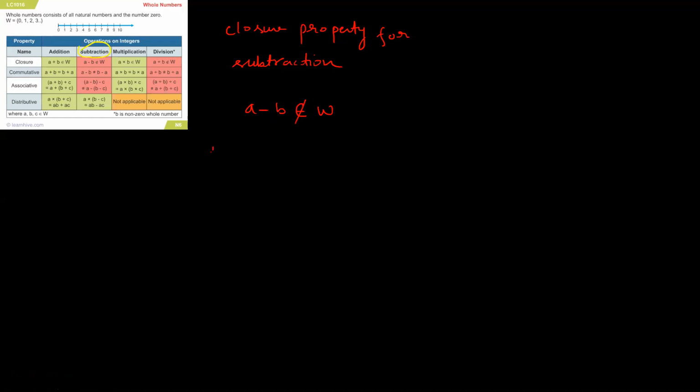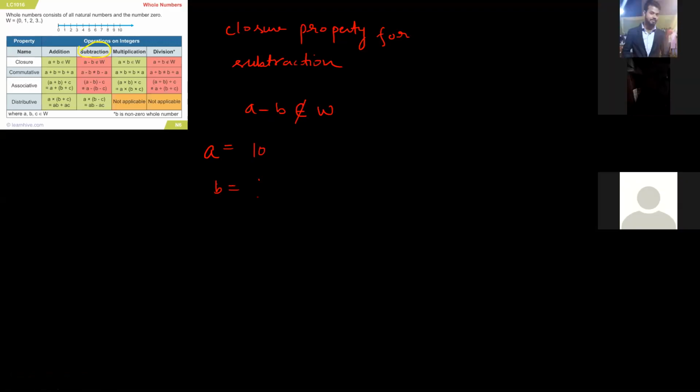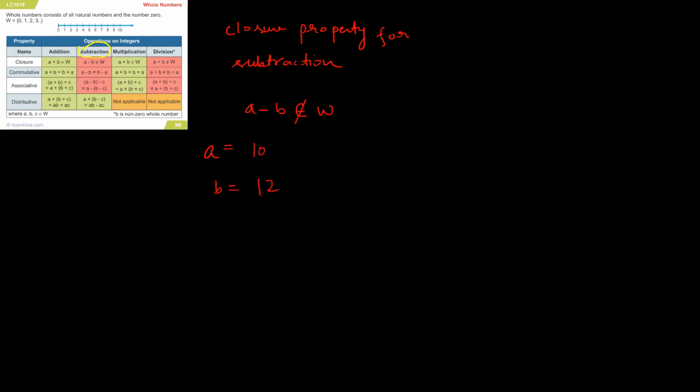कैसे prove करेंगे? Let A is equal to 10 and B is equal to 12. Then what is the value of A minus B, students? A minus B means 10 minus 12.